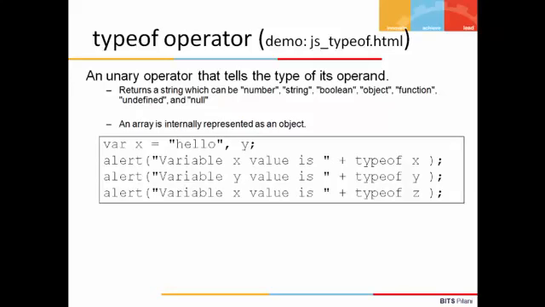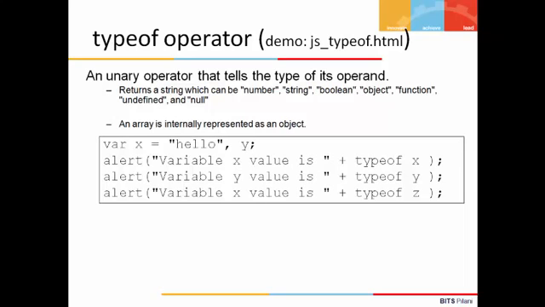So what we will do is go back to a demo, calling this particular js_typeof.html file, and see how it works. Basically, what I have in that is I've defined two variables over here, x and y. x being a string and y some value. Then it is going to let me know what is the type of x or y or z which is present.